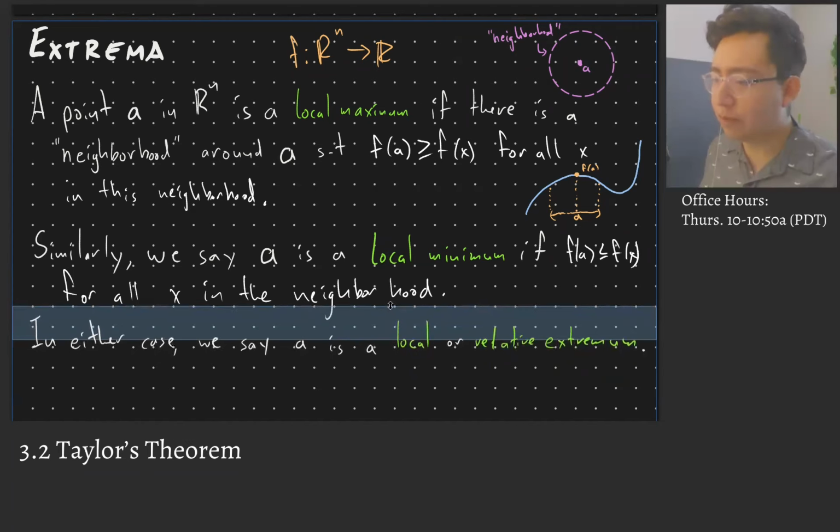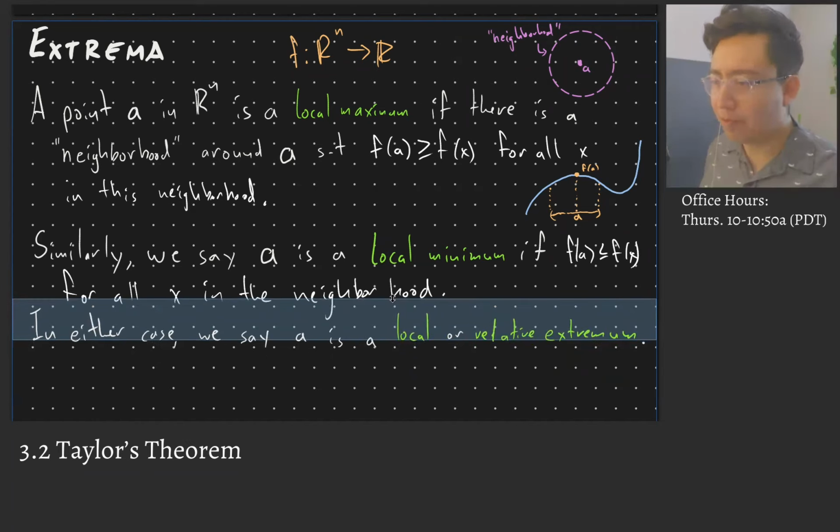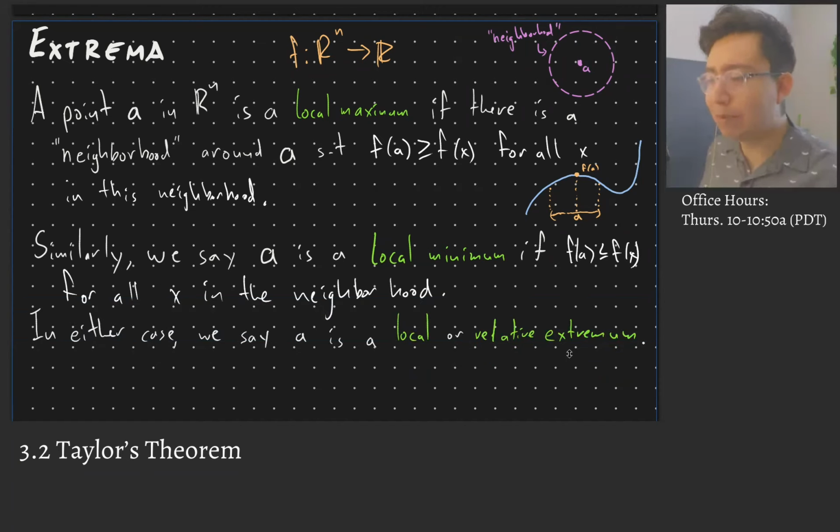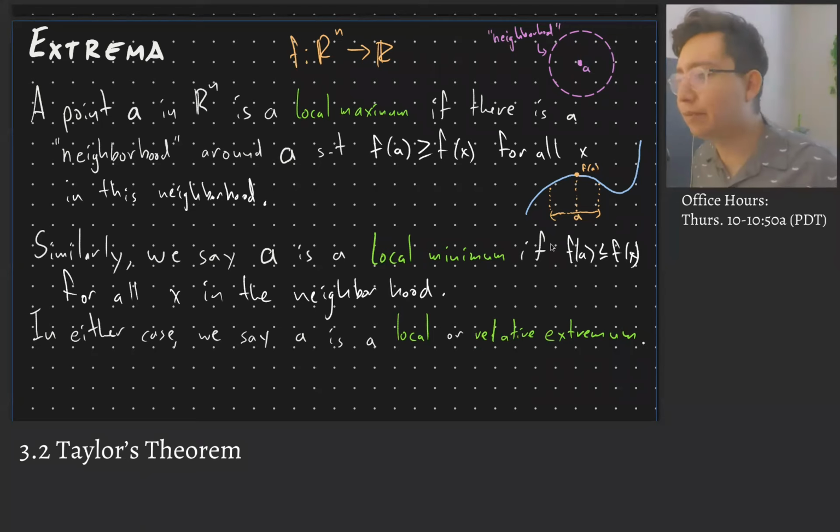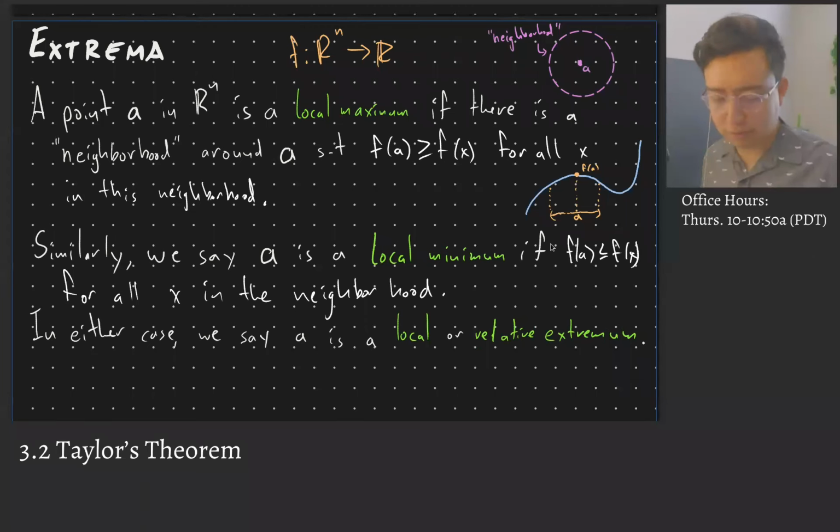The general term, whether you're talking about a minimum or a maximum, is an extremum. You should think extreme. When you think of extreme cases, it's always the ones at either end. So minimum and maximum are extreme cases because it's as big as it can be or as small as it can be. And we use that extra adjective, either local, like we have here, or relative, because it's relative to this little neighborhood. So relatively speaking, this is a maximum, or relatively speaking, this is a minimum.